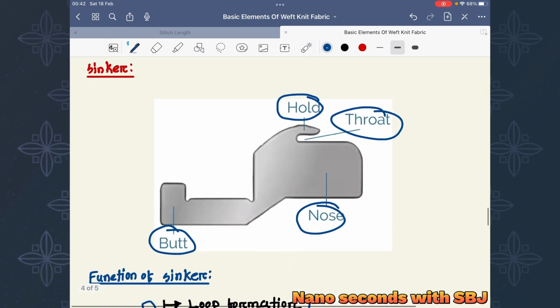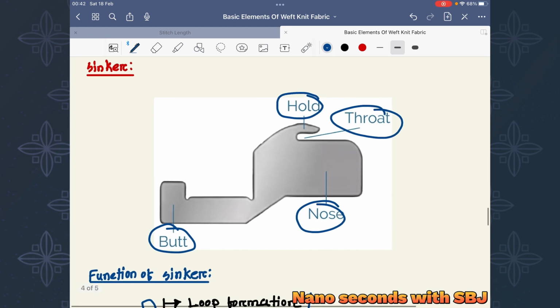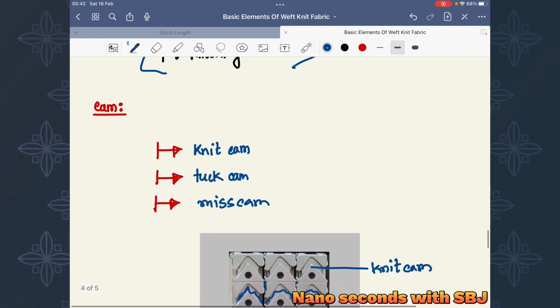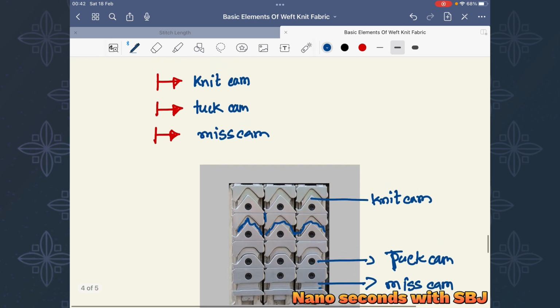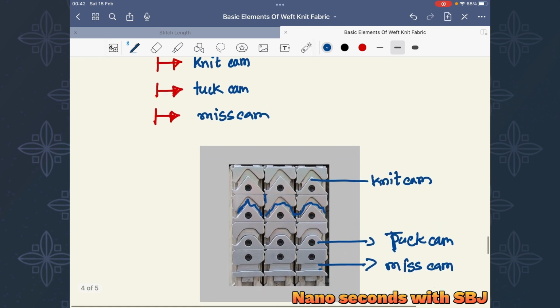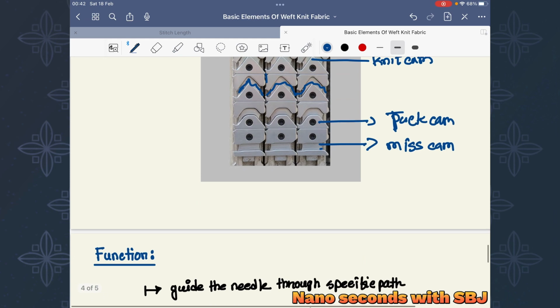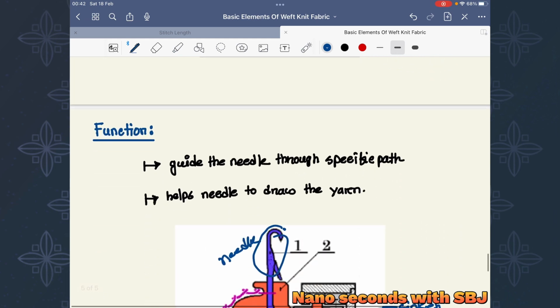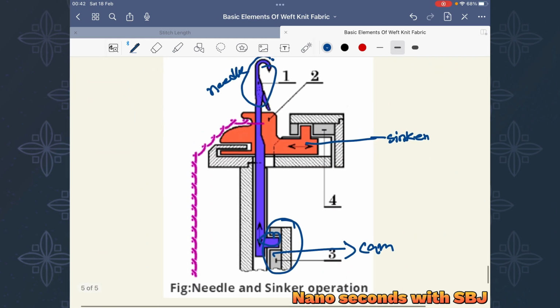We learned the different parts of the sinker and its function. We have seen different types of cam and their basic function, and finally we have seen the actual arrangement of the needle, cam, and sinker in a weft knitting machine.